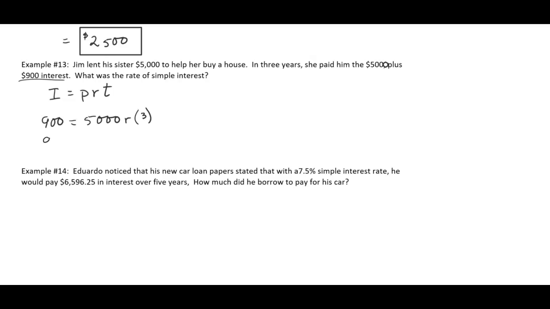So we get 900 equals 5,000 times 3 times R. So 900 then equals 15,000R, and you're going to divide by the 15,000.